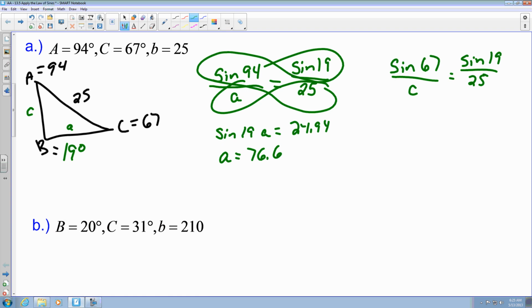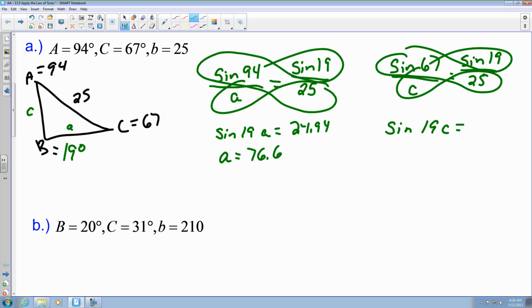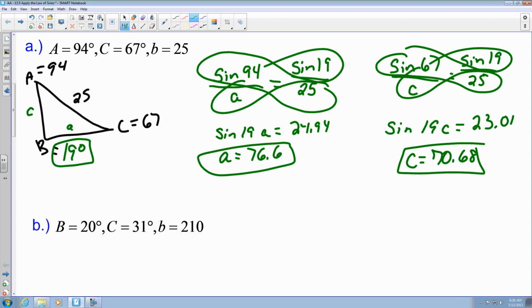So doing the proportions, again, the sine of 19 multiplied by c equals the sine of 67 times 25, which gives me 23.01. Excuse me. Now if I divide it by the sine of 19, I get c equaling 70.68. So the unknowns that I had were 19 degrees, 76.6, and then 70.68.